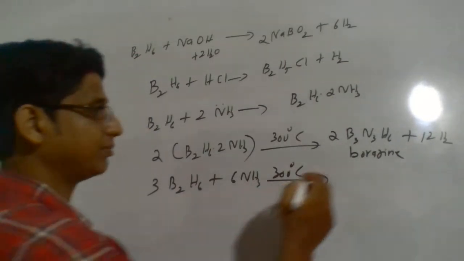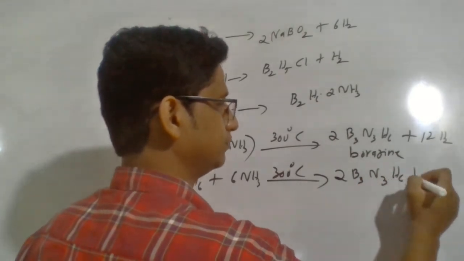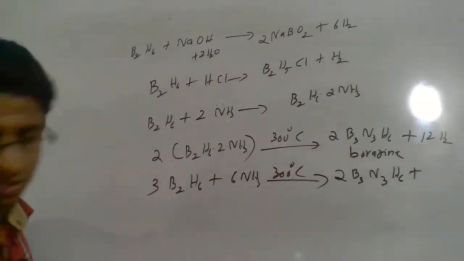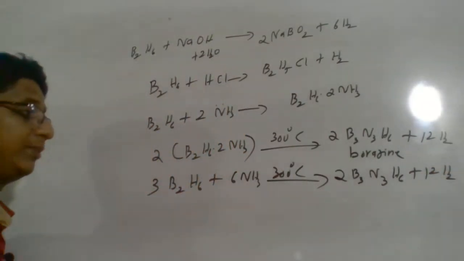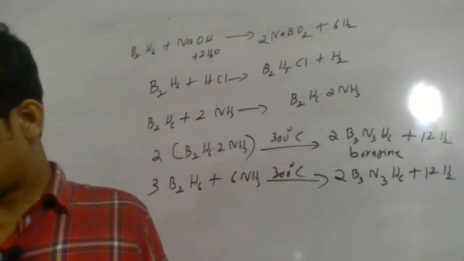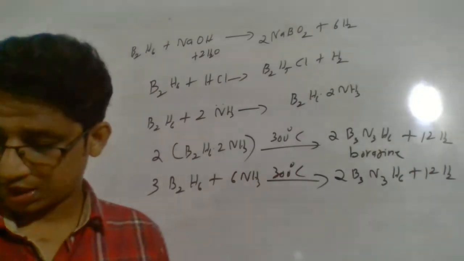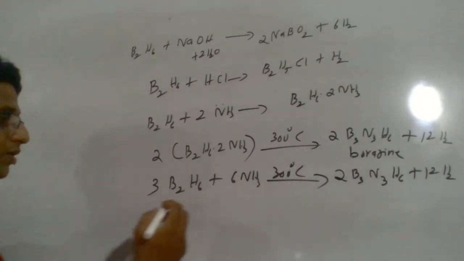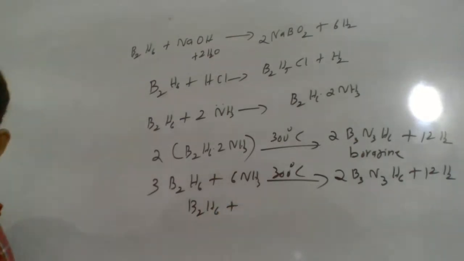If you treat at high temperature, you get borazine, plus hydrogen gas will be released. So that's another method: diborane treated with ammonia at a high temperature gives you borazine.